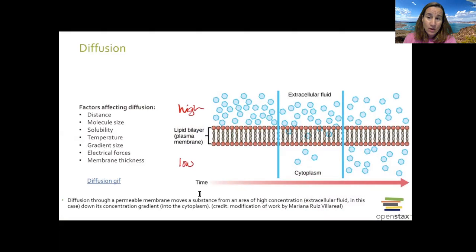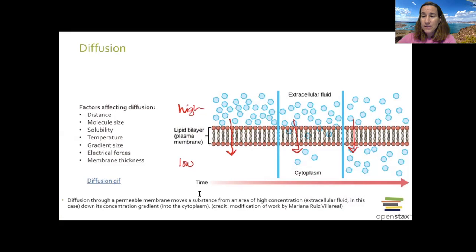So within the animal, oxygen levels are low compared to the water outside of the animal. And as the water comes in across the gills, the high levels of oxygen in the water are going to diffuse across those gill membranes and start to go inside the cells of the organism.